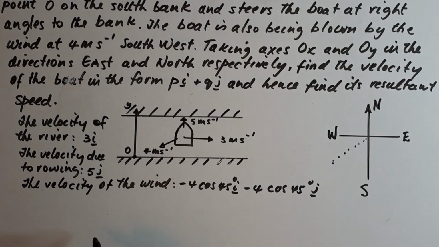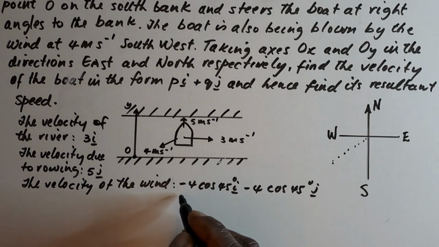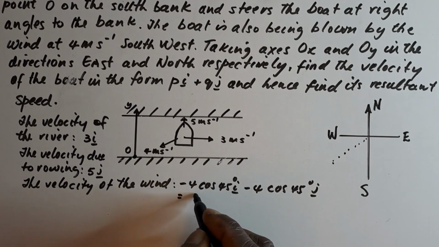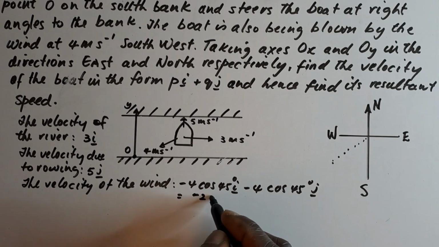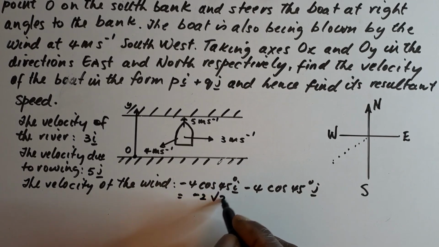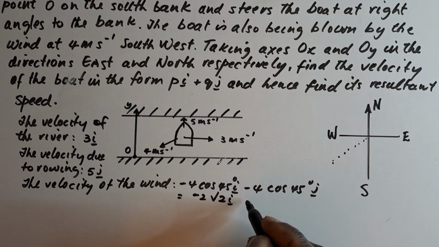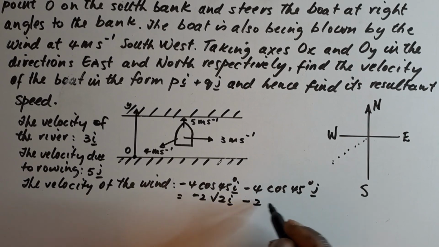So what we have is this being equivalent to minus 2 root 2 i minus 2 root 2 j.